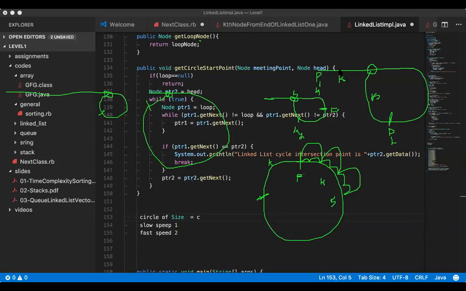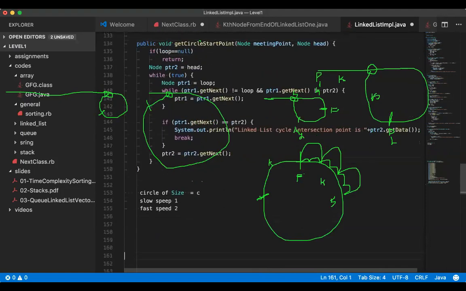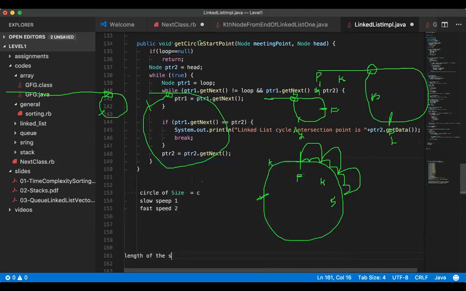So this straight part, let me write a little bit more. Given all the things I told you, you have to prove that the length of the straight part will be n into c plus k.